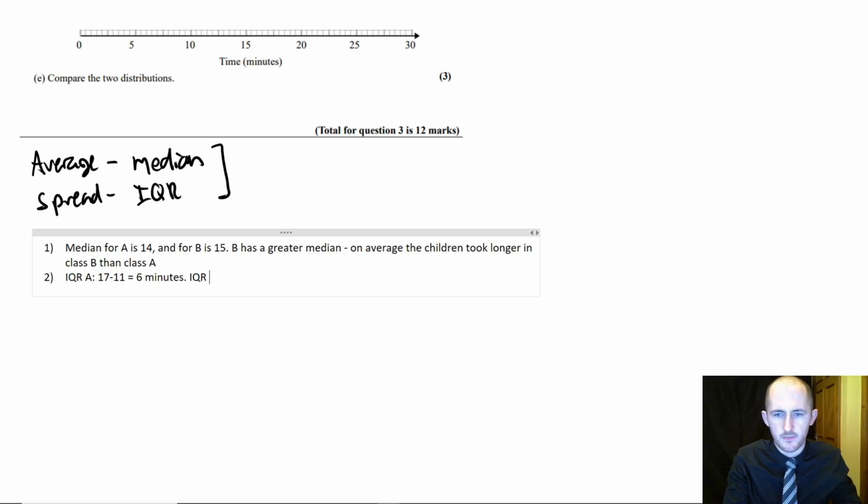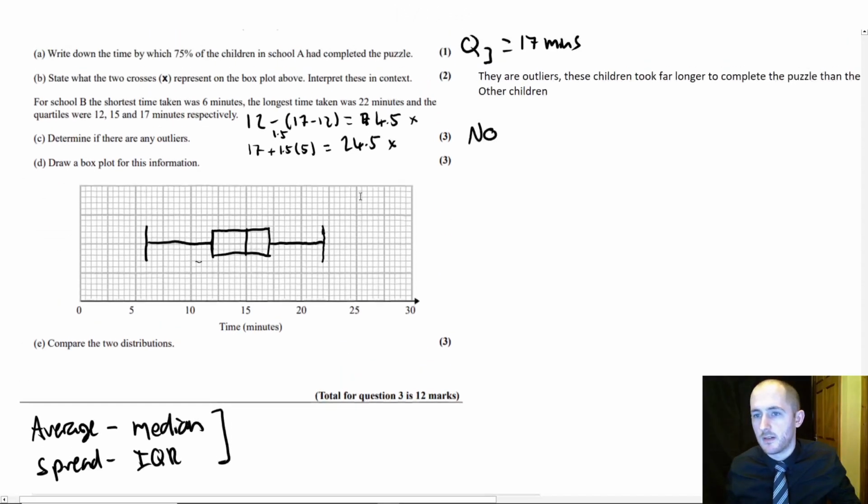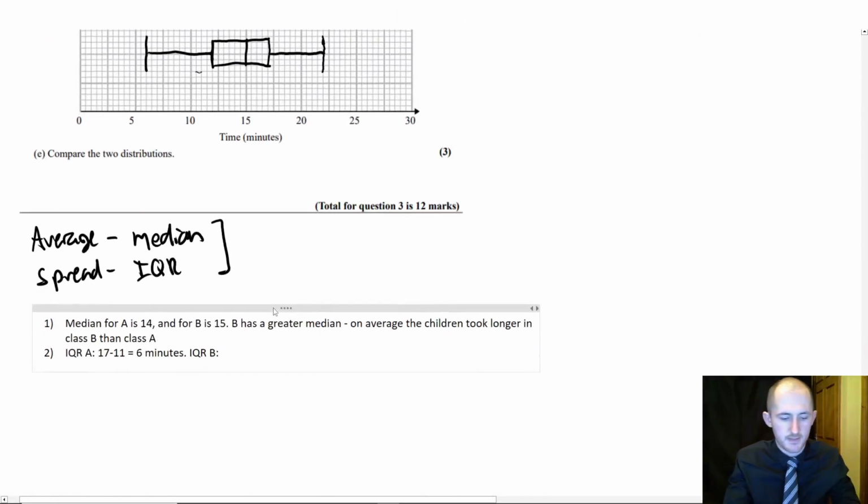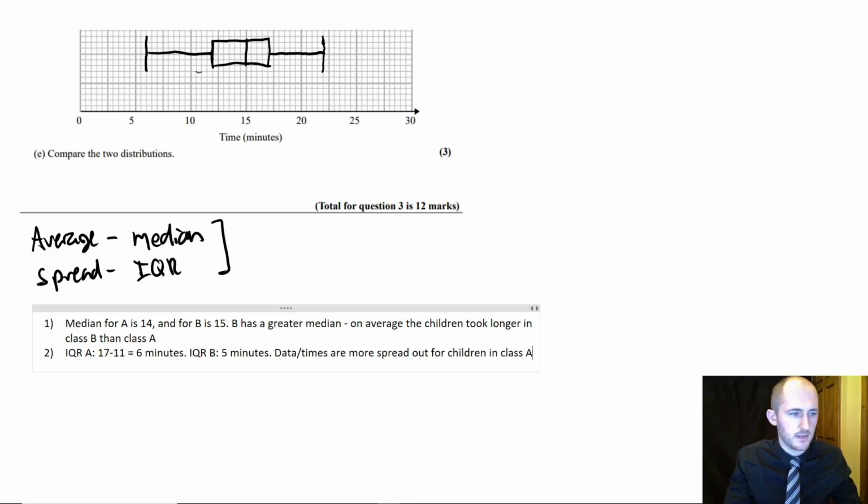Interquartile range for B, we worked out up here, was 5 minutes. So the data / times are more spread out for children in class A.